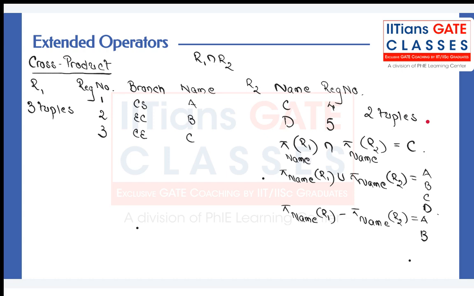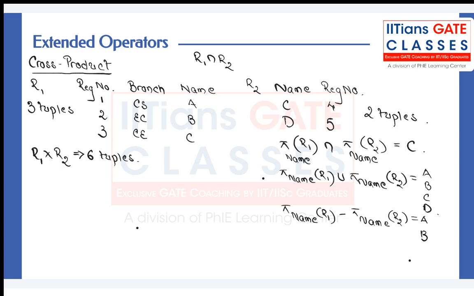The resultant relation R1 cross R2 will have six tuples. Okay, there is a question in the exam asked in GATE, ISRO. I have put it in the slide, and they have asked if one relation has m tuples and the other has n tuples, how many will be there in the Cartesian product? Turns out the Cartesian product has m cross n tuples. So we'll look into that. Don't worry. So it will have six tuples.